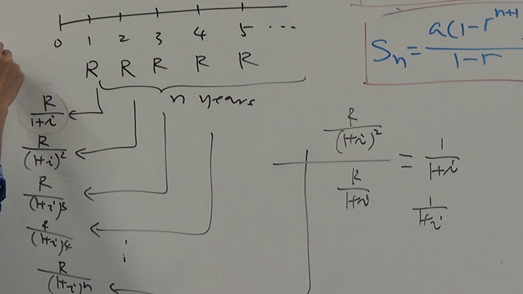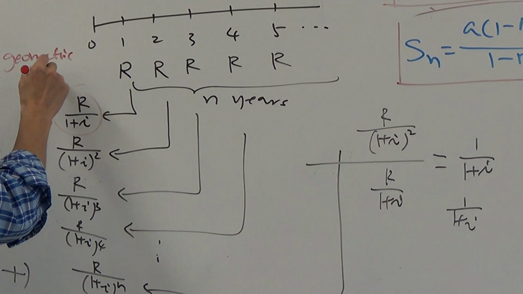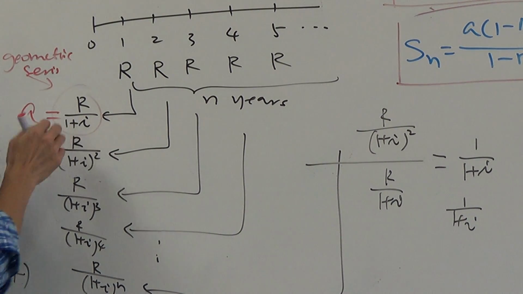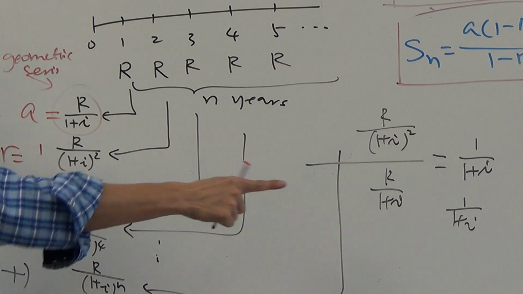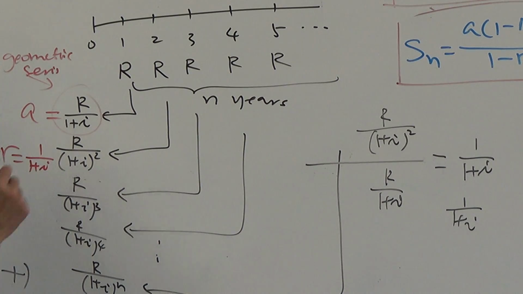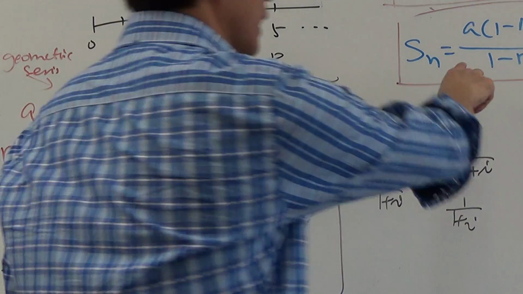A geometric series, with the first term A equal to this, and the common ratio equal to 1 over 1 plus I. So clearly we can apply the formula here.